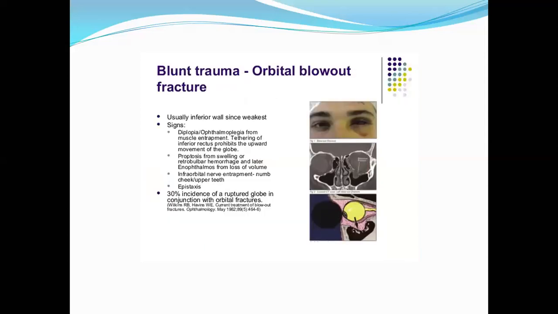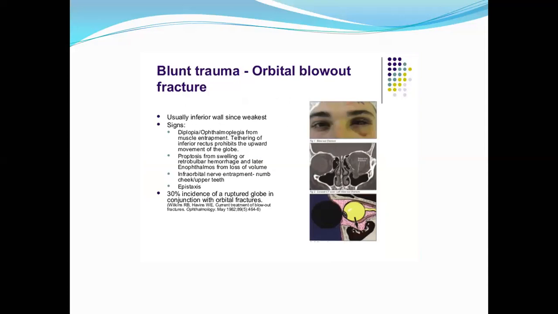Coming to the orbital blowout fracture, usually the inferior wall, since it is the weakest, is fractured, and along with that, plus or minus the medial wall would be fractured too. The signs, as you all know, include diplopia.